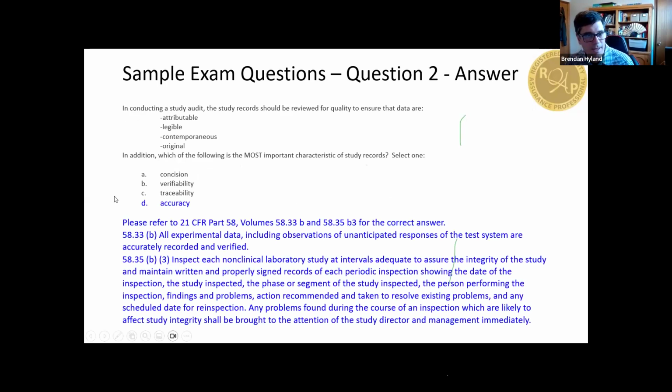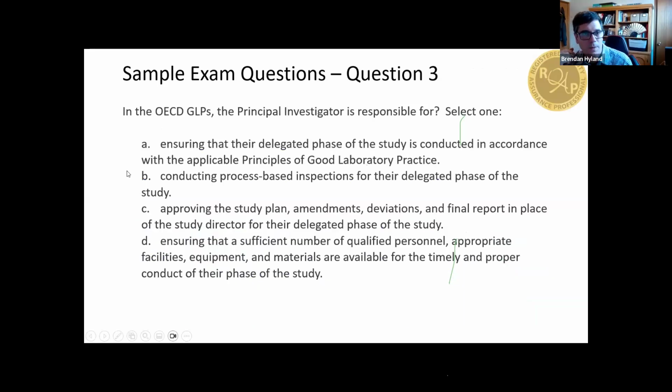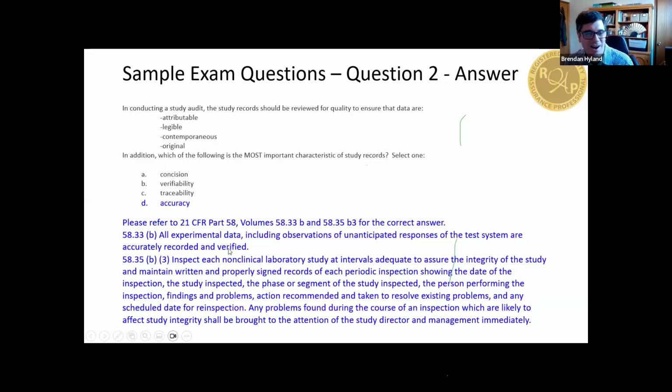And here's the answer, D, accuracy. All experimental data, including observations of unanticipated responses of the test system, are accurately recorded and verified. And 35B3 says, inspect each non-clinical laboratory showing the integrity of the study, written properly signed records, and any problems found which are likely to affect study integrity shall be brought to the attention of the study director and management immediately.